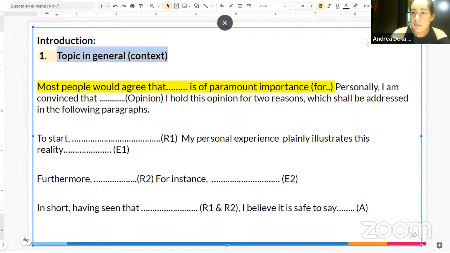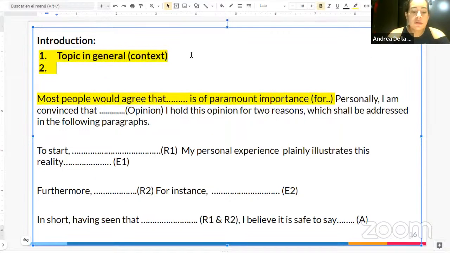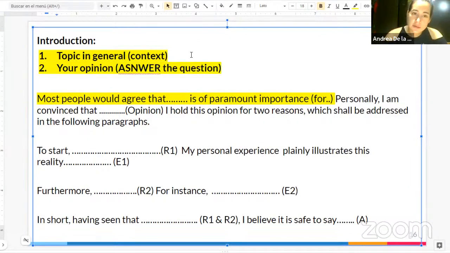All right. Now the second sentence you have in your introduction should be your opinion. Your opinion, remember, is nothing but the answer to the question. And you should answer the question as directly as you can. So it should be really direct. Nobody should have any doubts or any questions about what your opinion is.